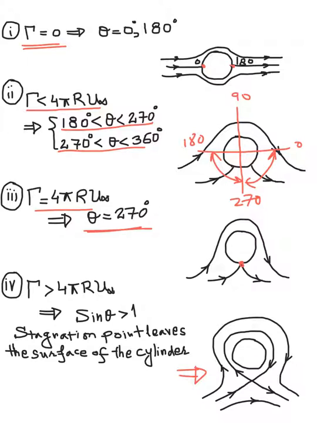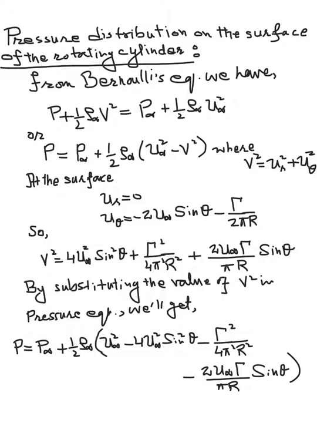So these are the cases that I have discussed utilizing the equation that I have previously derived. Subsequently, I have determined the pressure distribution over a rotating cylinder. For this purpose, I have utilized Bernoulli's equation, and I have set this equation in this form here.